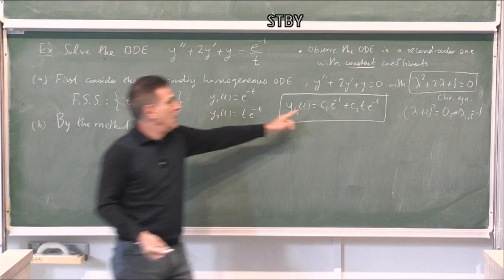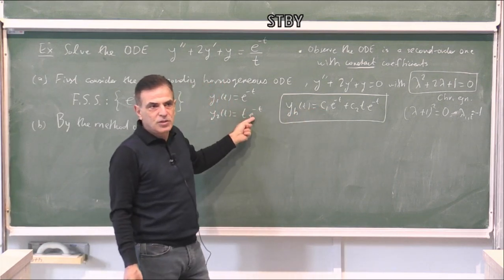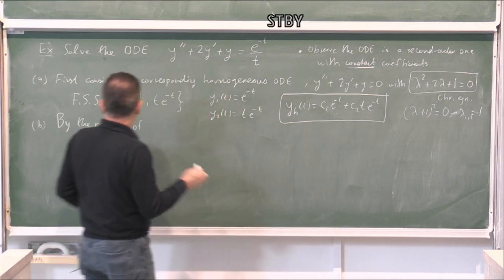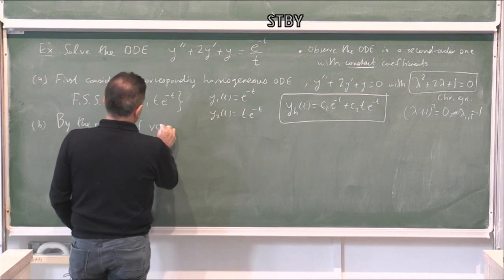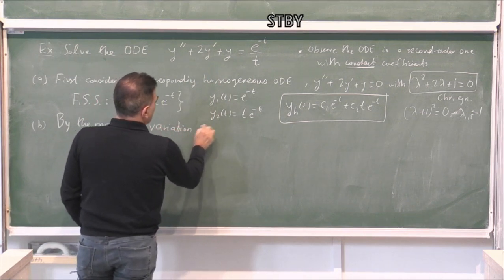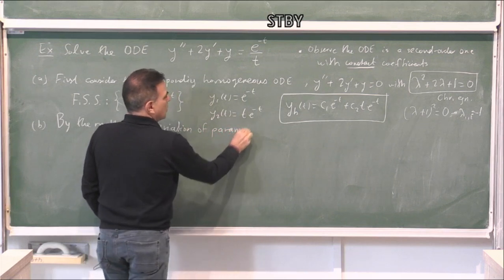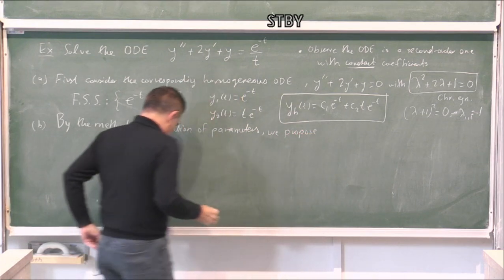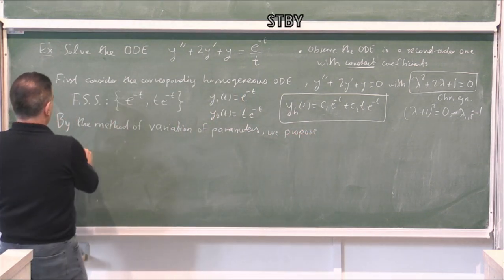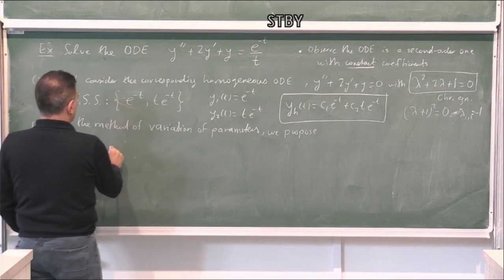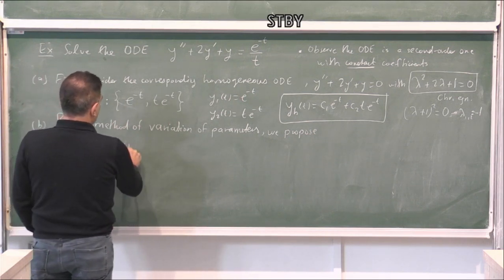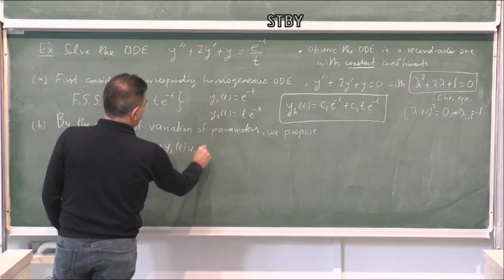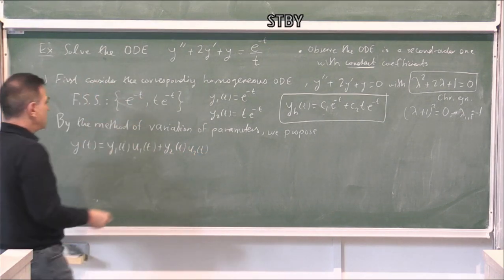Therefore, since we know the two solutions of the corresponding homogeneous equation, without any trouble you may apply the method of variation of parameters. By the method of variation of parameters, we propose a solution like this: y1 of t u1 of t plus y2 of t u2 of t in the second order case.